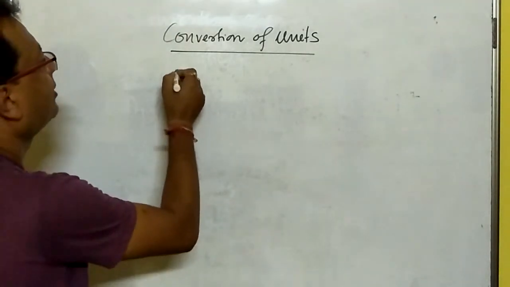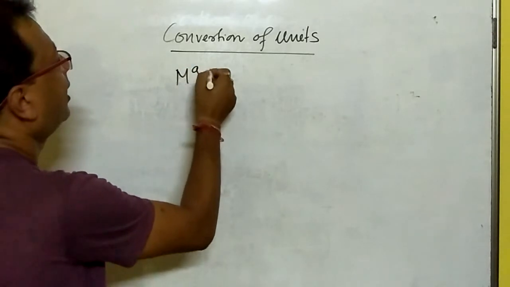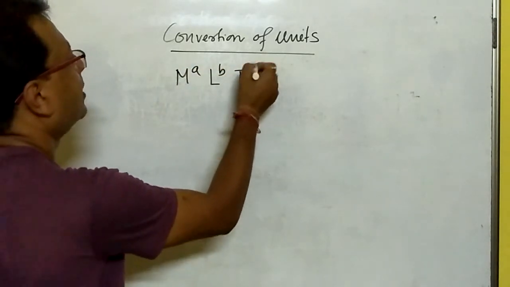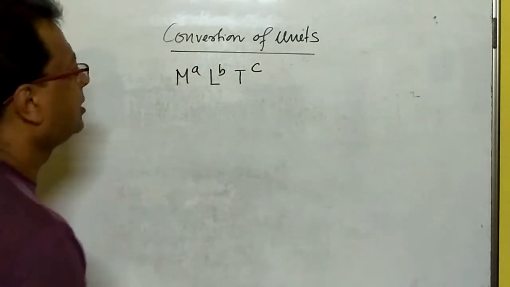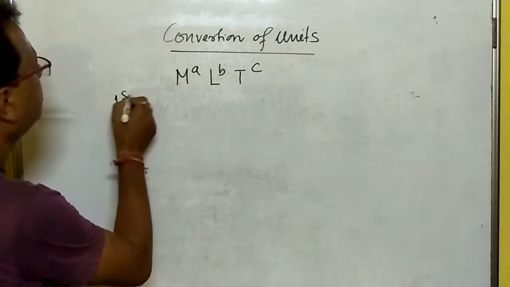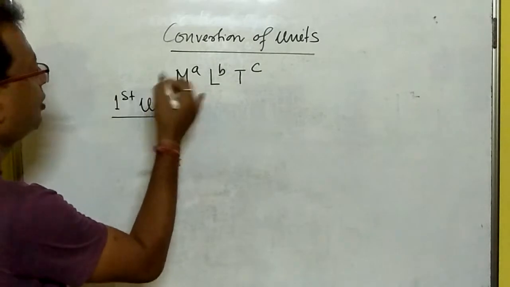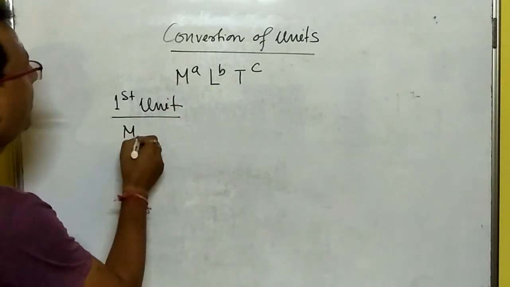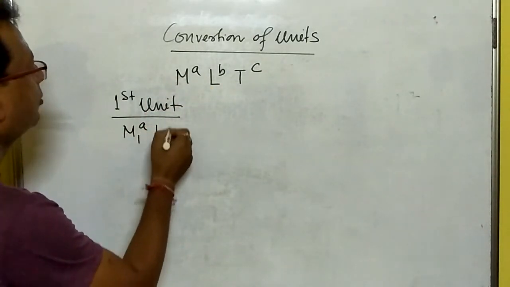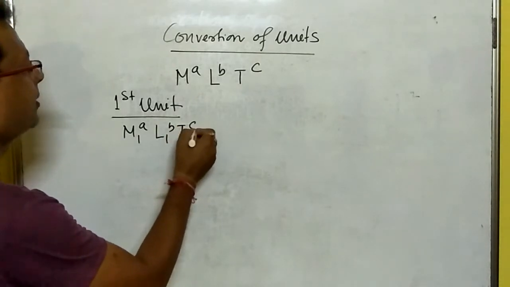Let a quantity have a dimension of M to the power of a, L to the power of b, and T to the power of c. In the first unit, the dimension of a quantity is M1 to the power of a, L1 to the power of b, and T1 to the power of c.